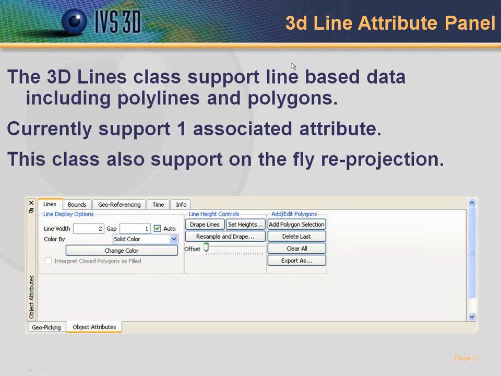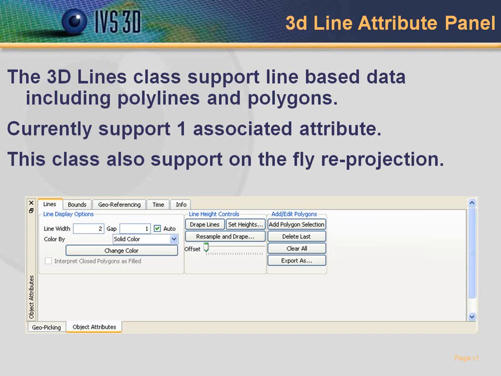3D lines are another basic type, your simple lines, polylines, and polygons, and you can currently have an attribute associated with them. These are typically shape files that come from Esri or through a direct connection. A lot of their point, line, polygon data.